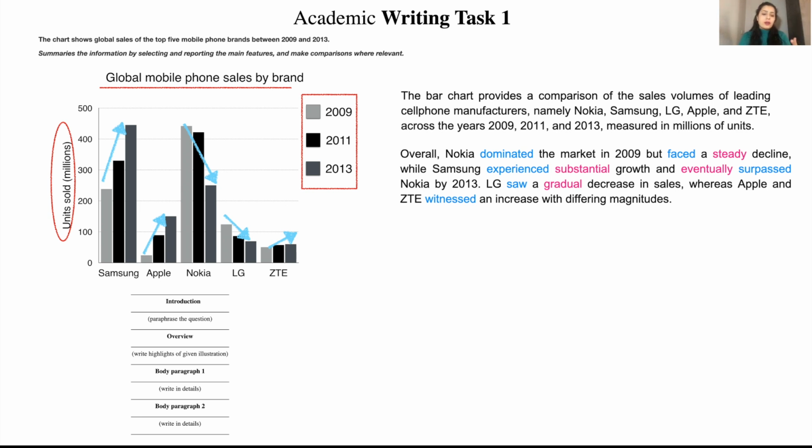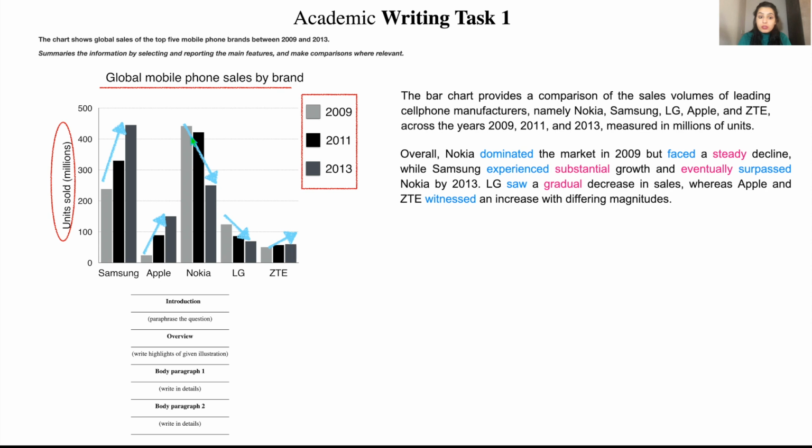If we talk about Samsung, Apple and ZTE showing an upward trend, and Nokia and LG a downward trend, it sounds quite uninteresting. Nothing is surprising here. It doesn't contain any key factor that can catch our attention.